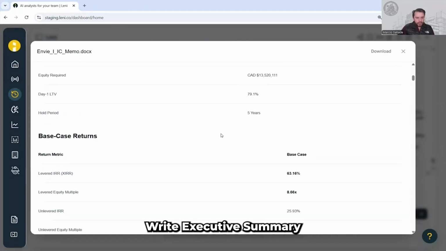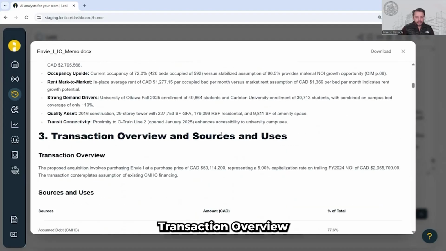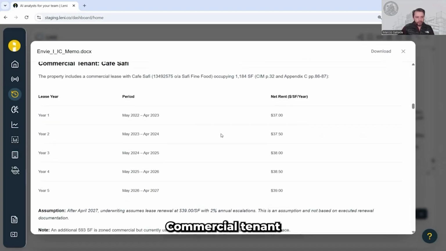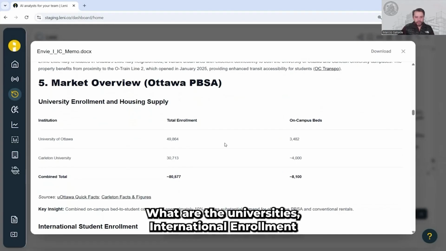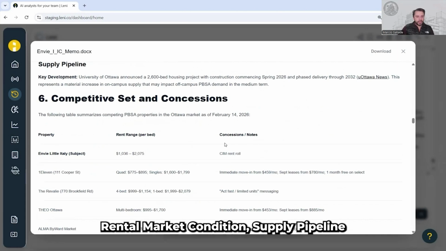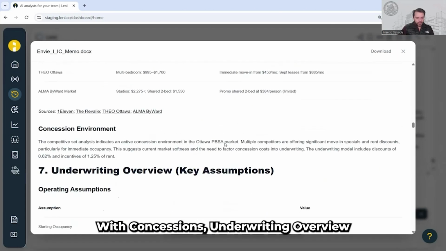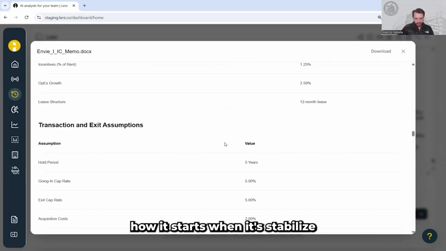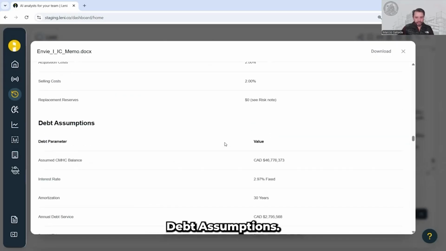Right, executive summary, base case returns, investment highlights, transaction overview, asset description, okay. Facts, commercial tenant, PBSA in Ottawa, what are the universities, international enrollment, rental market conditions, supply pipeline, competitive set, okay, with concessions, underwriting overview, how it starts, when it stabilizes, OpEx and rent growth, transaction exit assumptions, debt assumptions.